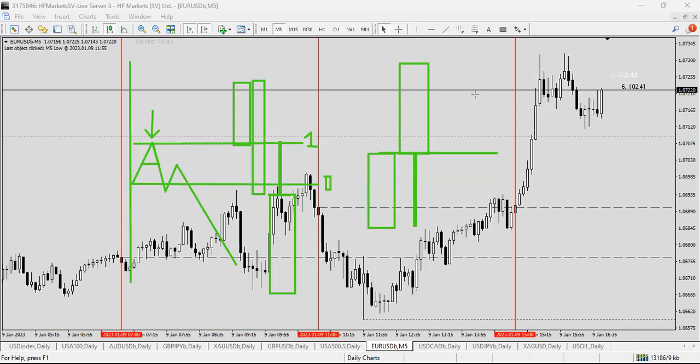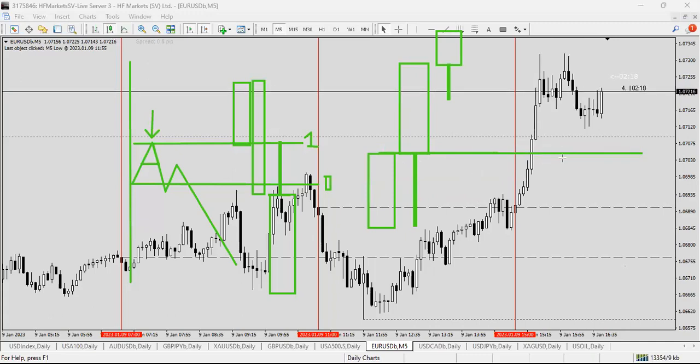So if the narrative in the market is bullish and we have a balanced price range and price does something like this and creates a low, this area or this green line can be viewed as support. So this is support. This is where persons are going to buy. This is an area where they can buy.